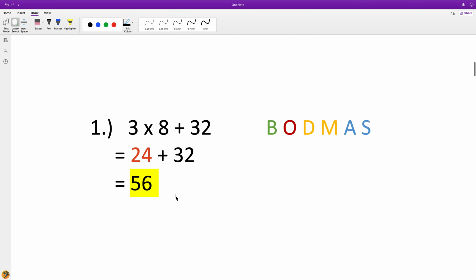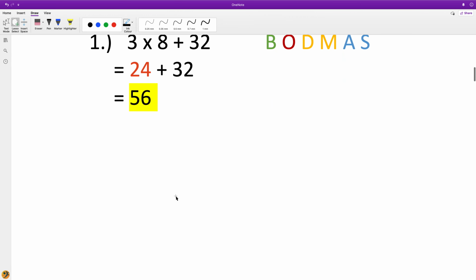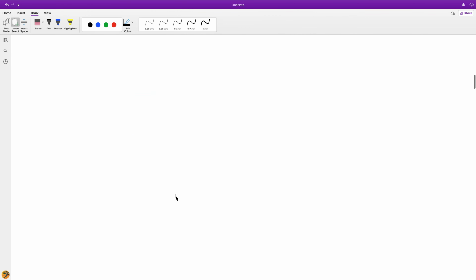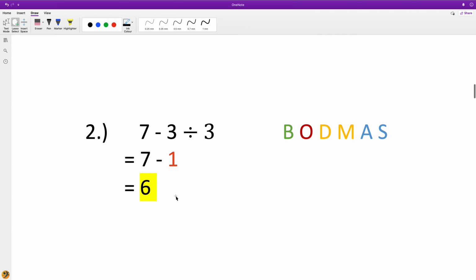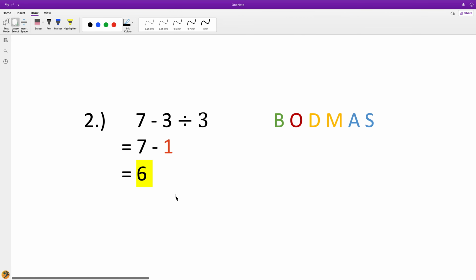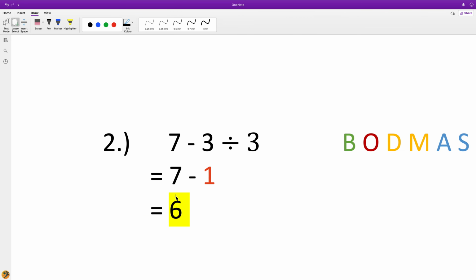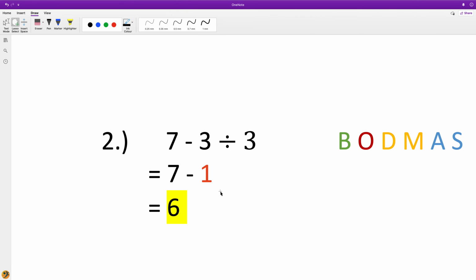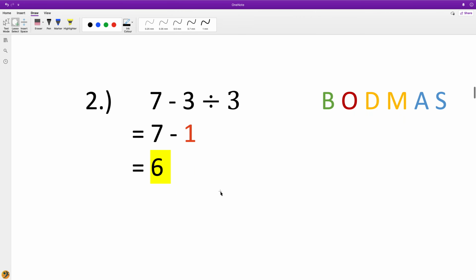Pretty straightforward. So we'll go on to another one here, which is question number 2, and we might just get that even a bit bigger. Question number 2: 7 minus 3 divided by 3.